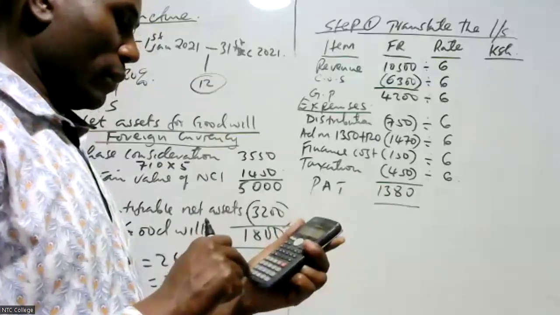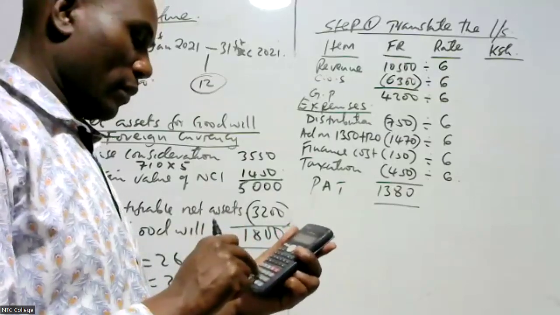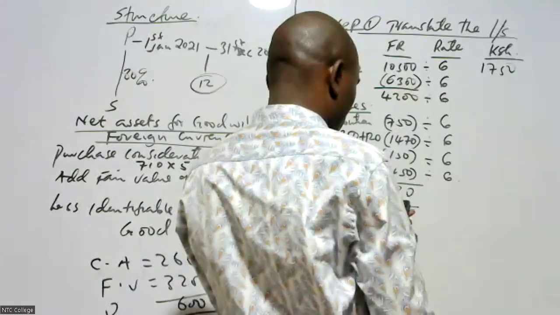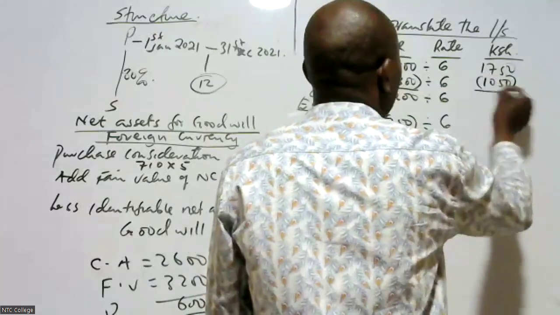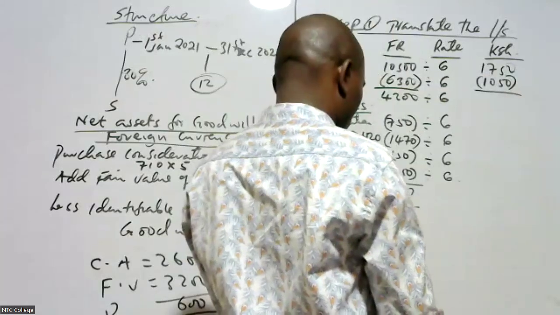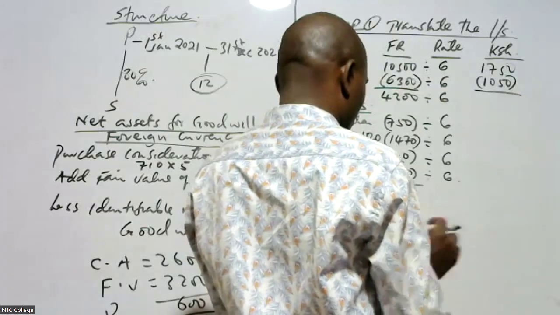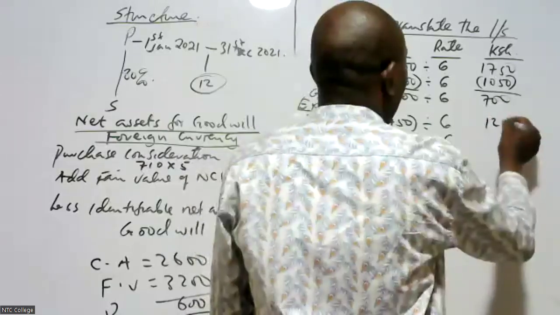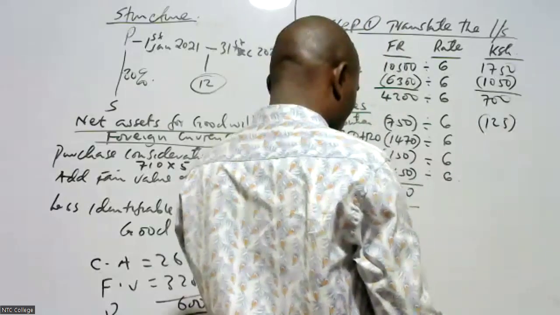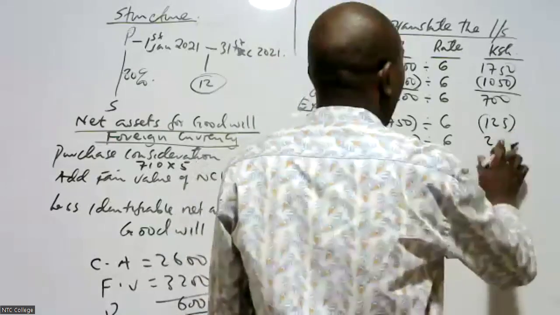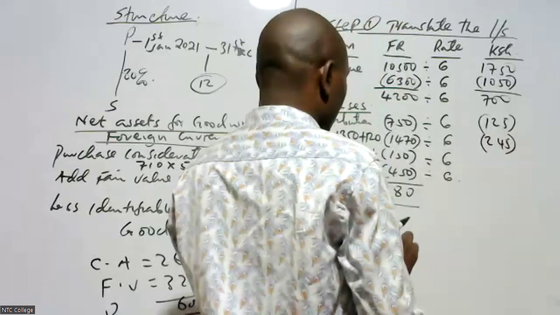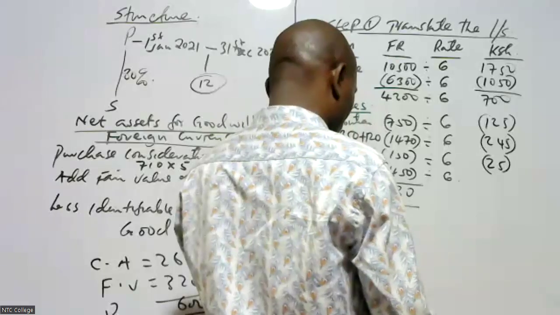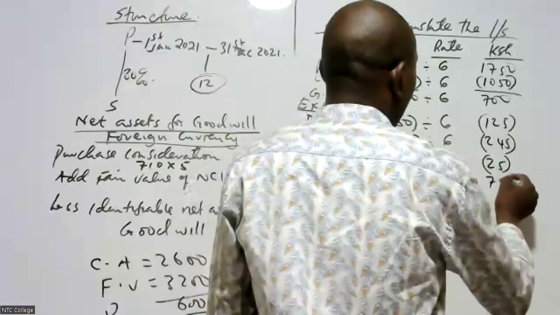Translation: 1,750, 1,050, 700, 125, 245, I believe you are working it out on your own, 25, 75.